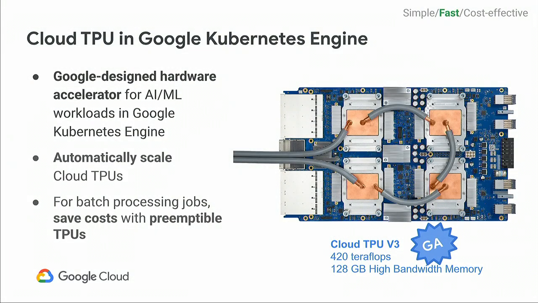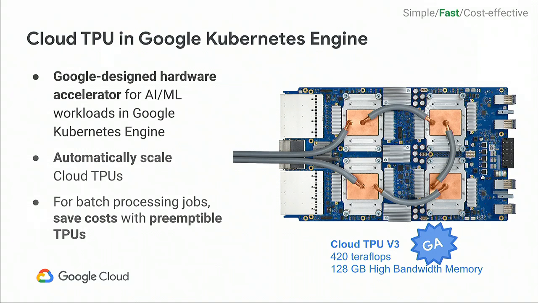So we also offer you many more choices for hardware accelerators to accelerate your machine learning workload. So for example, on Google Cloud GKE, we also support Google-designed hardware accelerators, which we call Cloud TPU, which will further accelerate your AI/ML workload while reducing the cost.